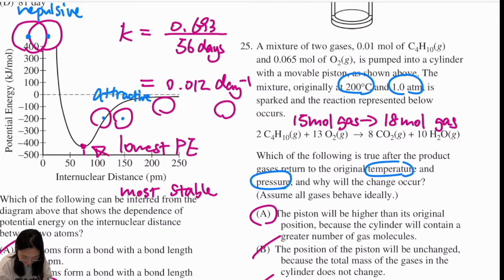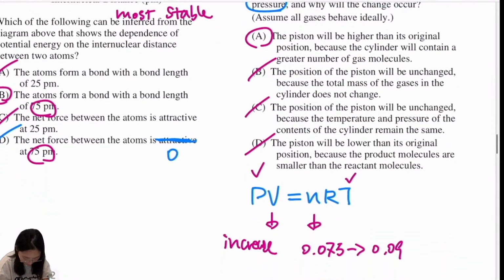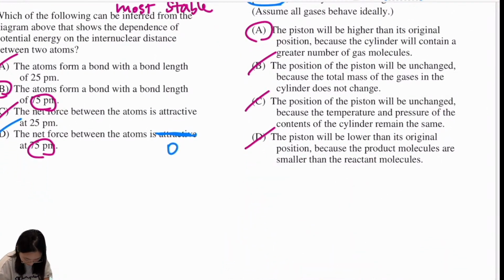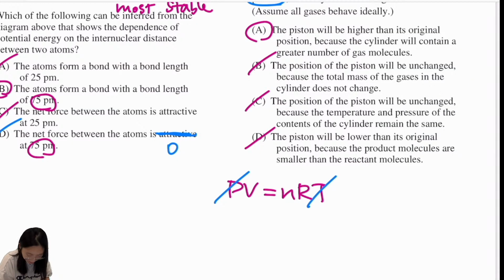So the number of moles of the gas has increased a little bit. Now it says the temperature and pressure are not changing. According to the ideal gas law, PV is equal to nRT. Pressure is not changing, temperature is not changing, and R is the gas constant.